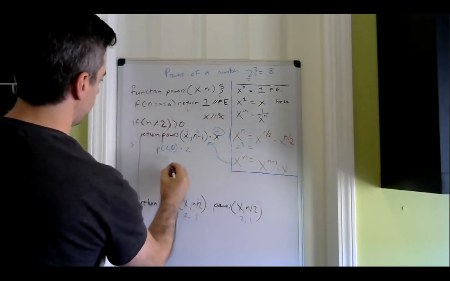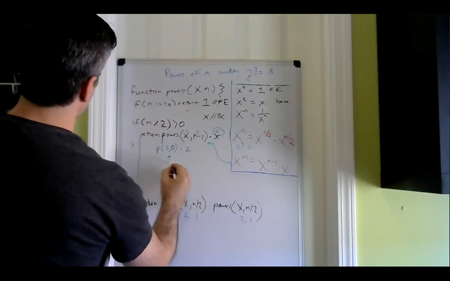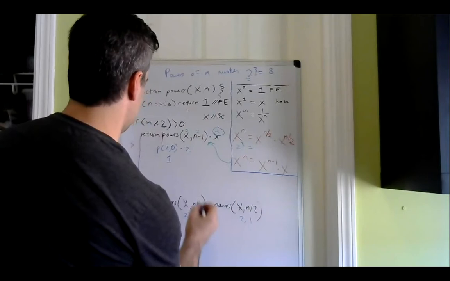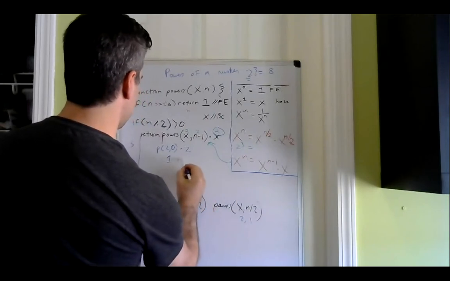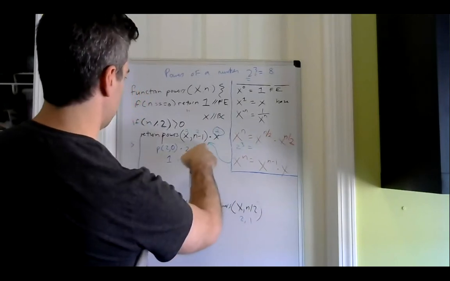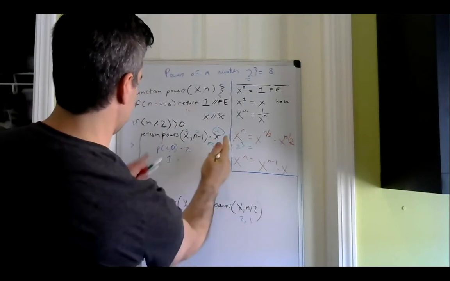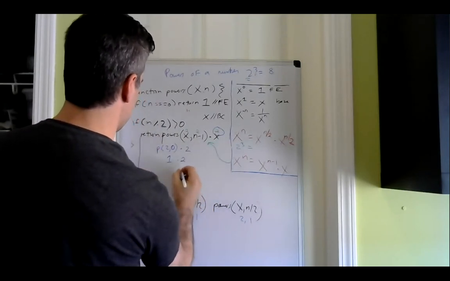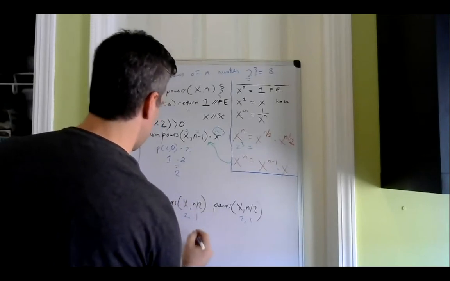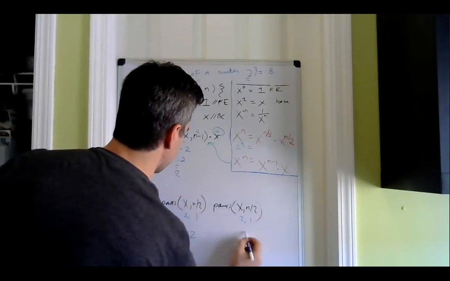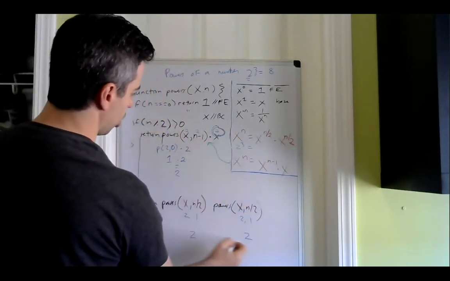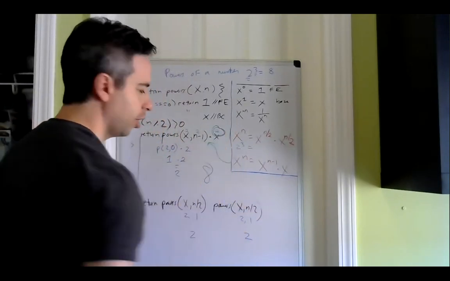So this is now 1. And 1 times 2, because we're doing this here, that's times 2, and that equals 2. So this one is now 2. This one is now 2. And then our original x we had here is 2. So 2 times 2 times 2 is also 8.